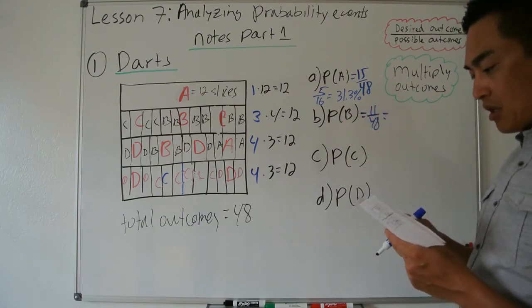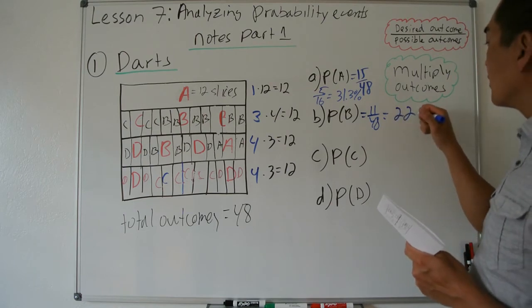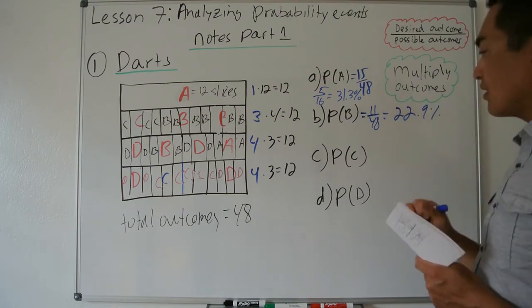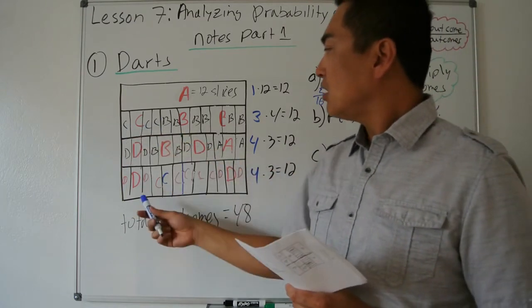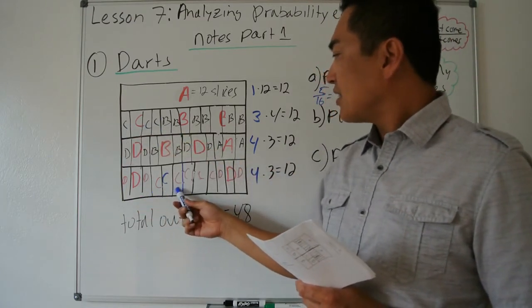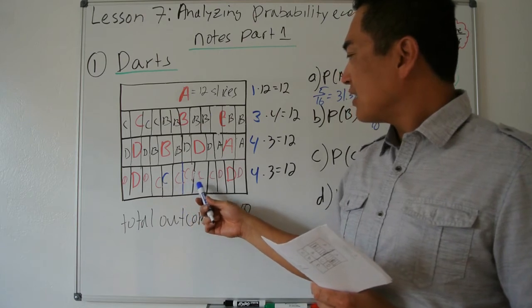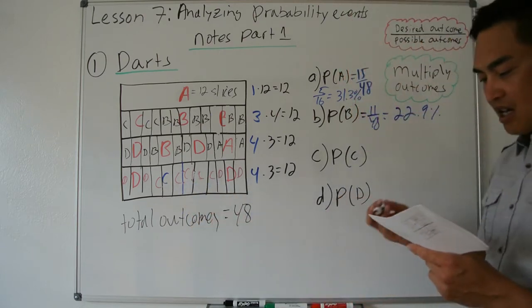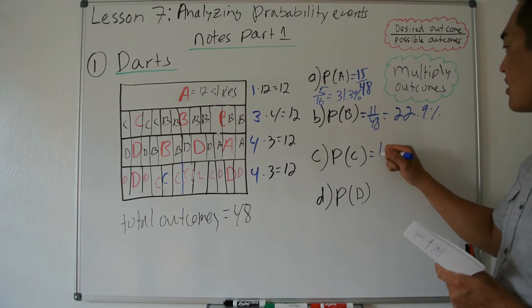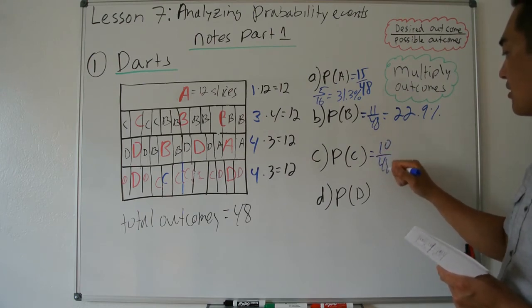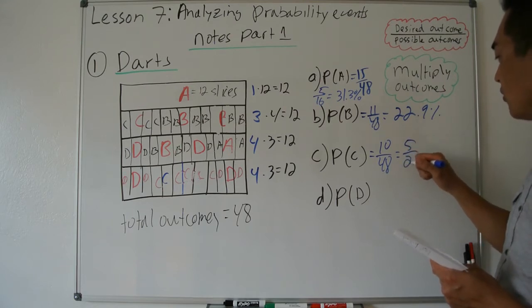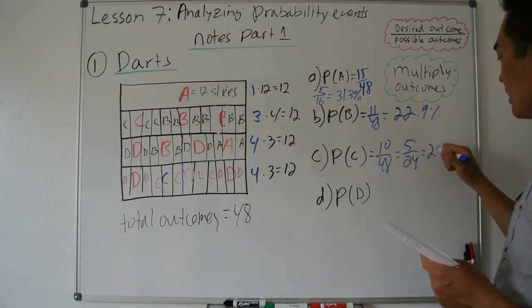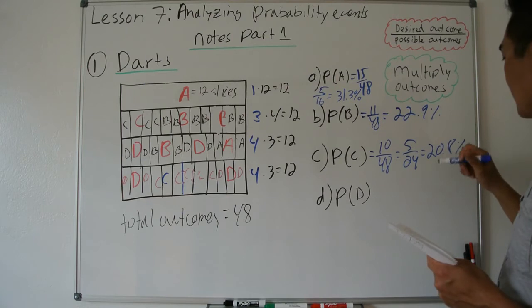That's the same thing as 22.9%. Alright? C. So we have 1, 2, 3, 4, 5, 6, 7, 8, 9, 10. And I also got 10 over here, so that's good. So 10 over 48. That's the same thing as 5 over 24, which is 20.8%.